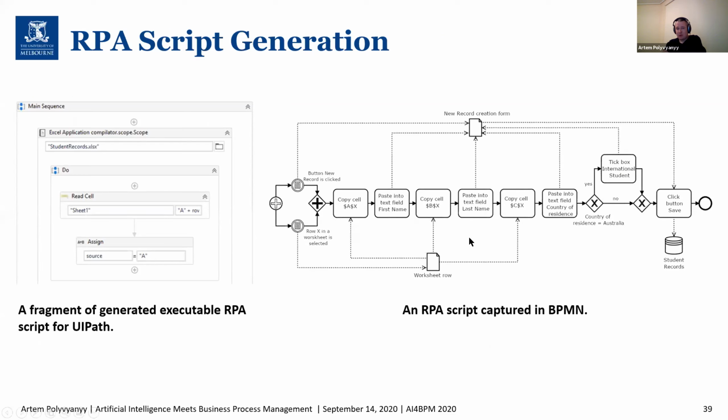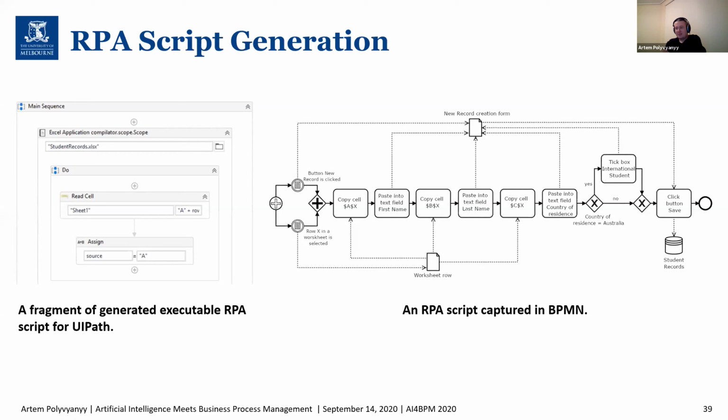This is what we do on the side of RPA. It's an area which was researched in business process management and recently got attention from the AI community. The paper that we presented in New York was presented at IPA, the Intelligent Process Automation workshop, the first workshop collocated with the AI conference.